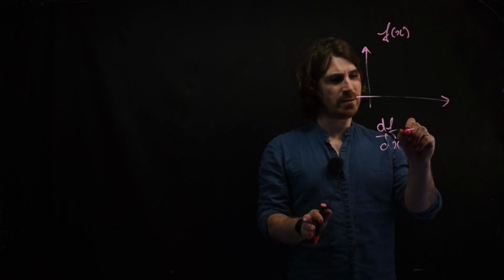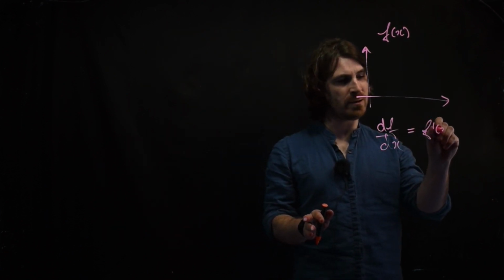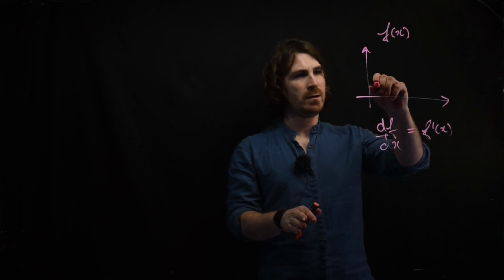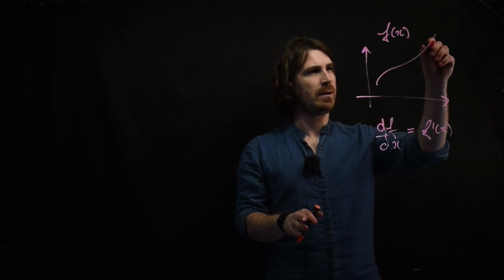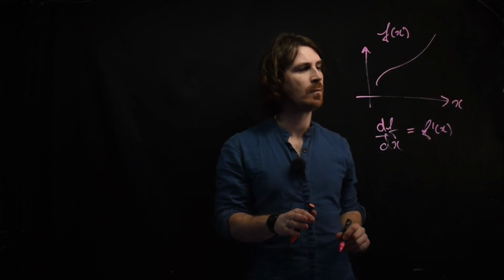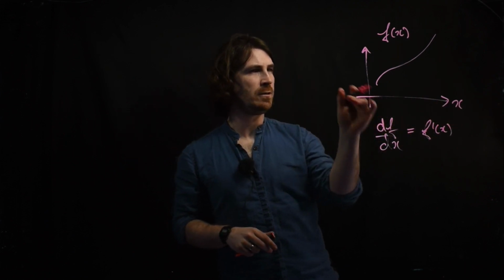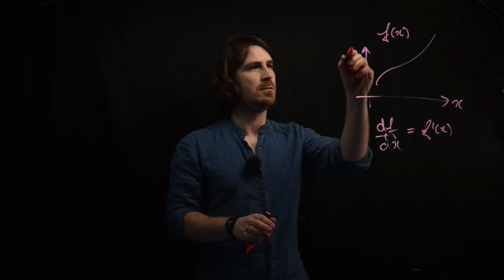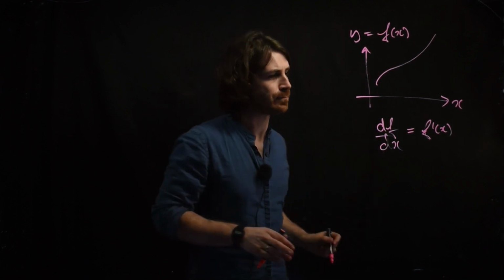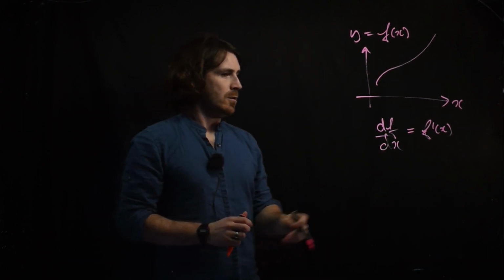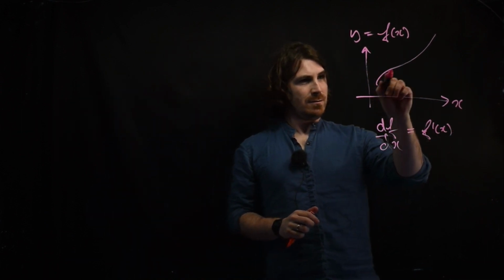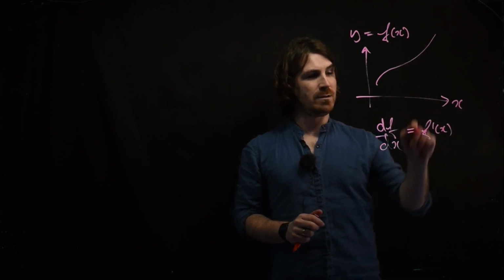We can write this as f prime of x. And here's our function f of x, with x on the horizontal axis and f of x, or you can call this y if you want. So f prime of x is the gradient at any point x.